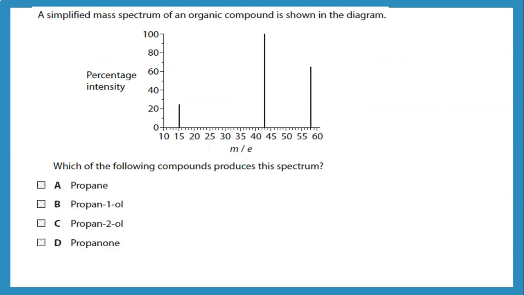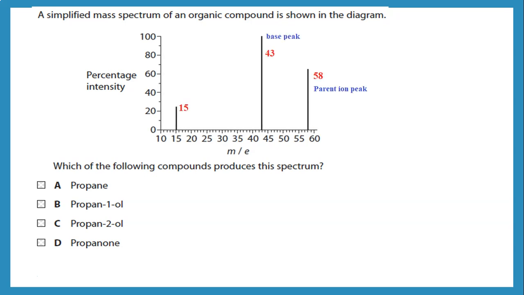A simplified mass spectrum of an organic compound is shown in this diagram. Which of the following compounds produces the spectrum? Okay, if we have a mass spectrum and I want to know which of these compounds produces this mass spectrum, the first thing I do is look at the m/e of each peak. First, you look at the peak with the highest m/e.